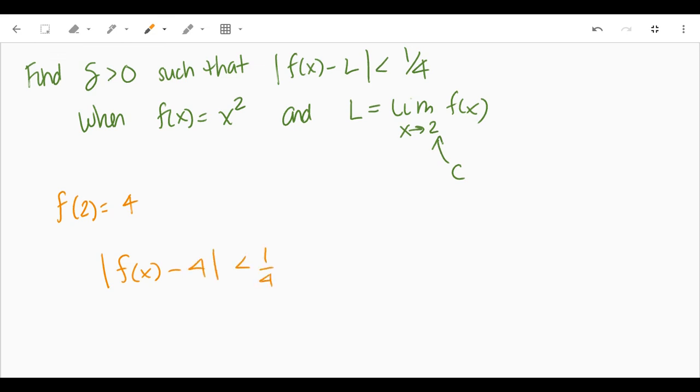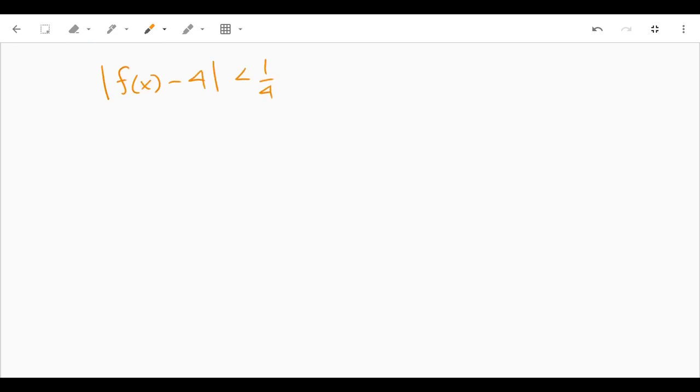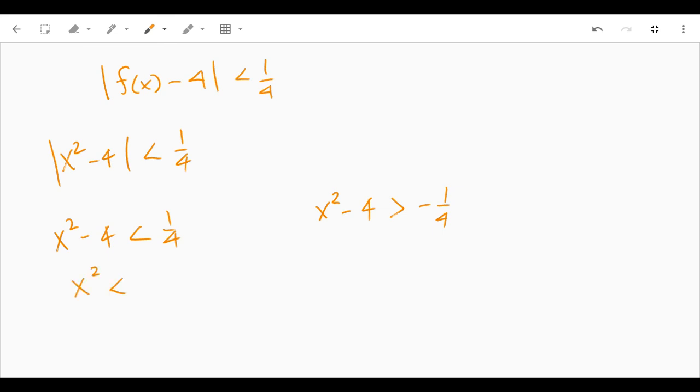Okay, so we want the absolute value of x squared minus 4 to be less than 1/4. So x squared minus 4 has to be less than 1/4, or x squared minus 4 has to be greater than negative 1/4. So over here, x squared has to be less than, let's add 16/4 to that, so it'd be 17/4.